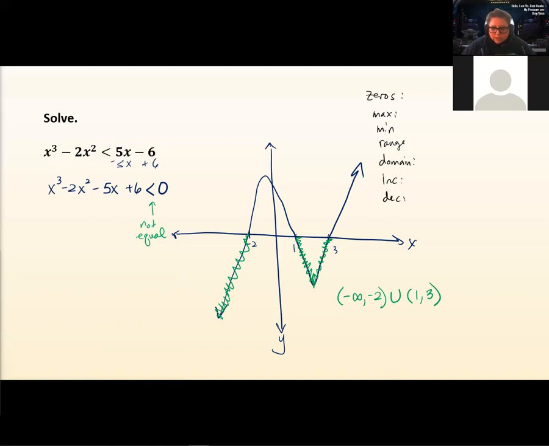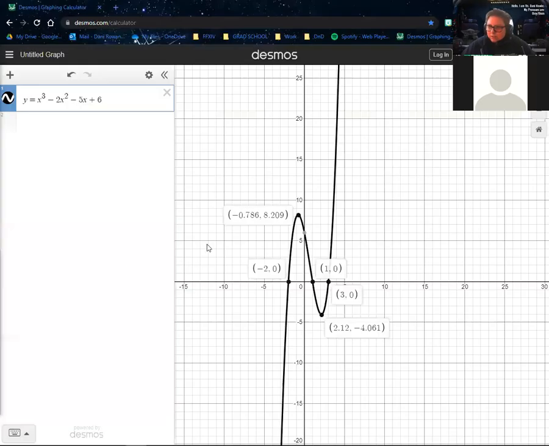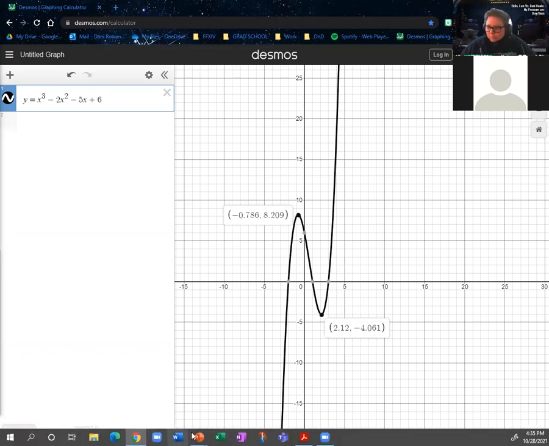Really quick, again, using the graph because it's our best friend. Since we got the zeros, what are our max and min roughly? Maximum is the 8.209, and the minimum is the -4.061.